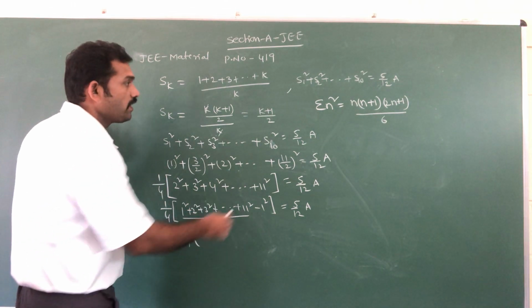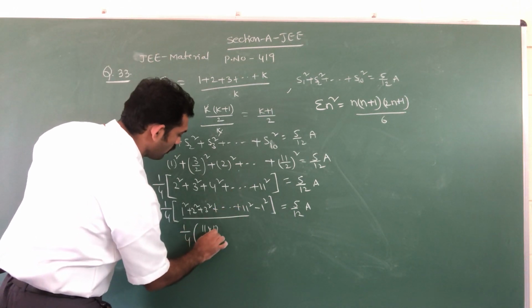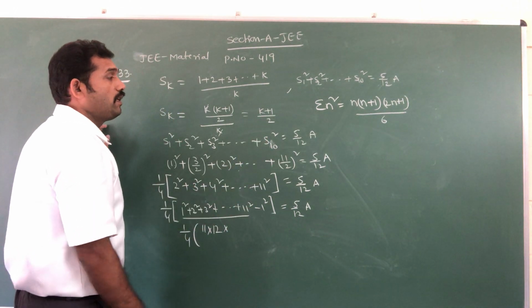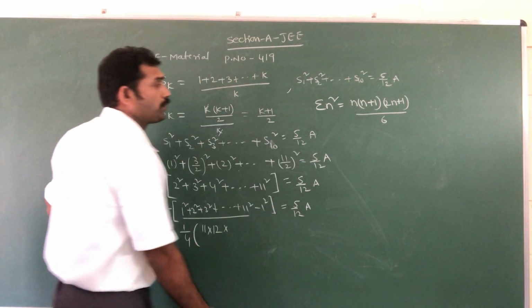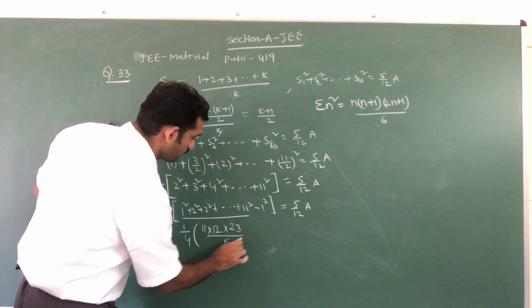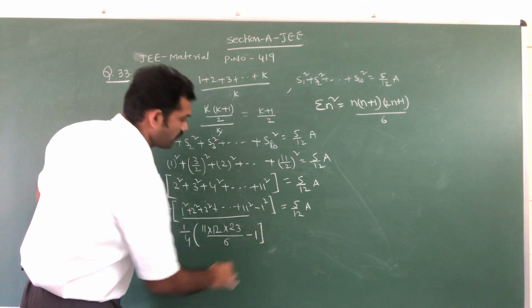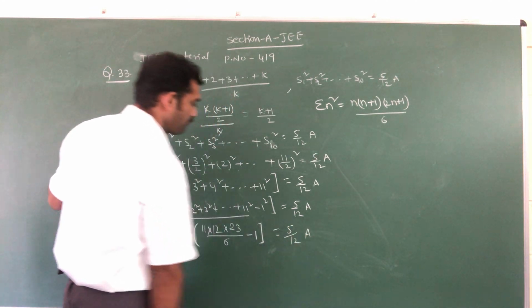What happens? 11 into 11 plus 1, 12, into 11 into 2, 22, 22 plus 1, 23, divided by 6, minus 1 square which is 1. It is equal to 5 by 12 into A.